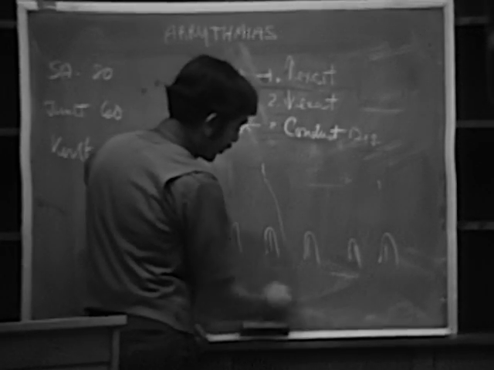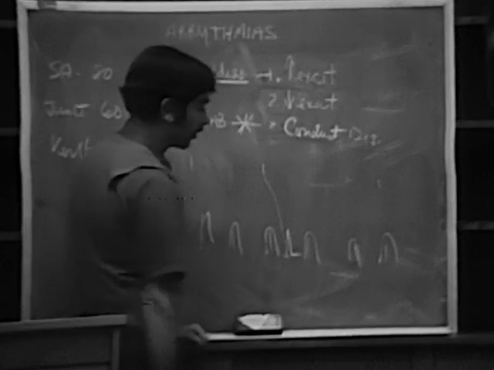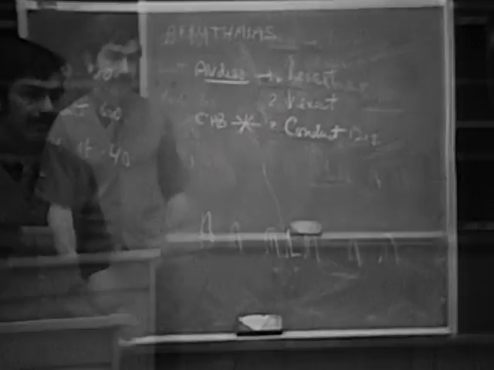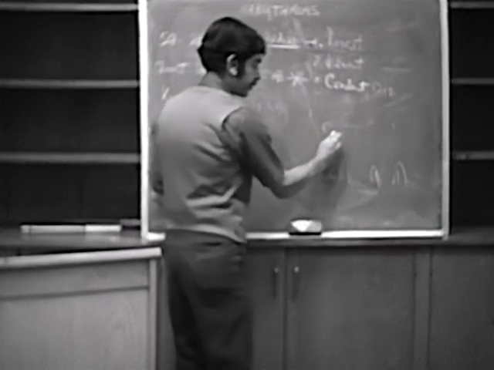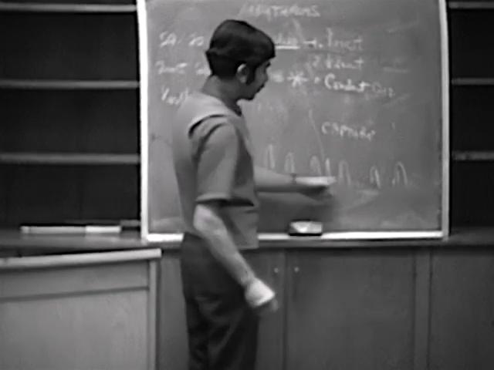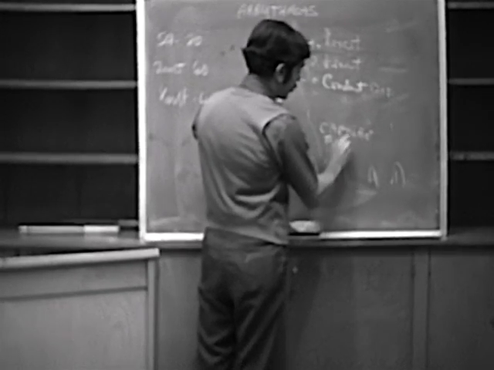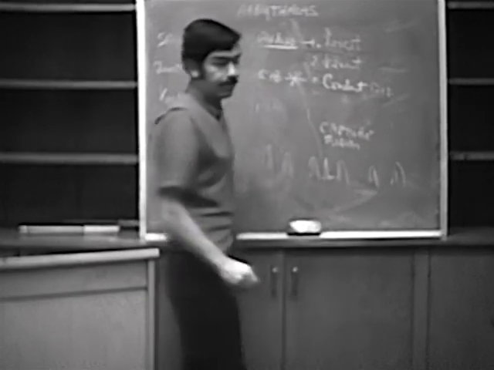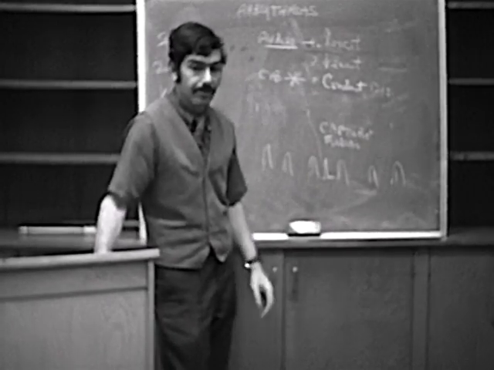And let's say at this point here, you can see a normally conducted beat right in the middle of all of these wide QRS complexes. That tells you have conduction coming down, and this would be a capture beat. And if they're mixing with this other beat, we call it a fusion beat. Then it would be a fusion beat if it's mixing with the ventricular beat or the beat from the lower focus.